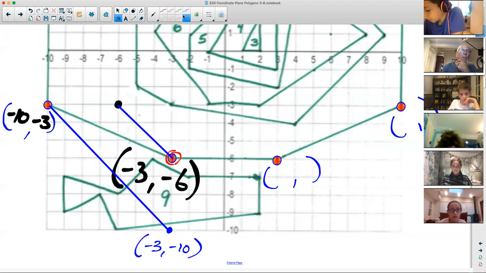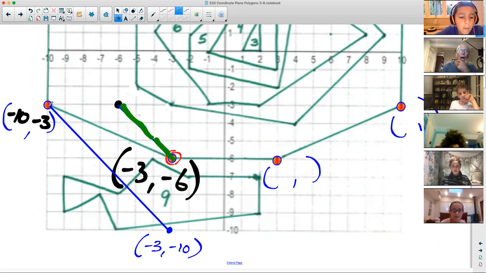You have come up with a discovery, Tessa, without realizing it. Do you see what happens when you do 6 minus 3? What do you get? 3. How many diagonal squares are these apart? 7. What's the difference between 10 and 3?